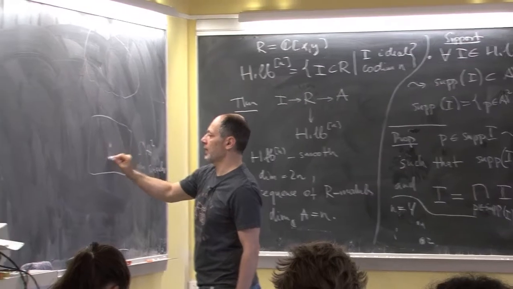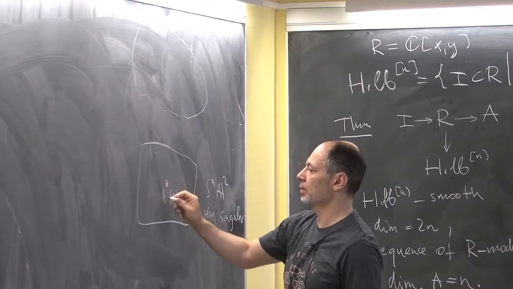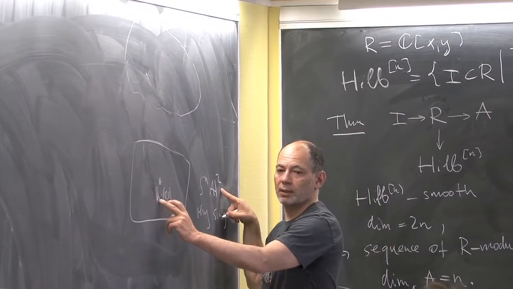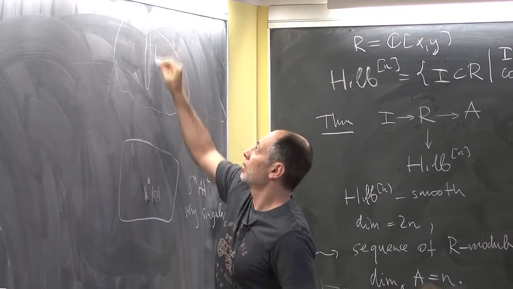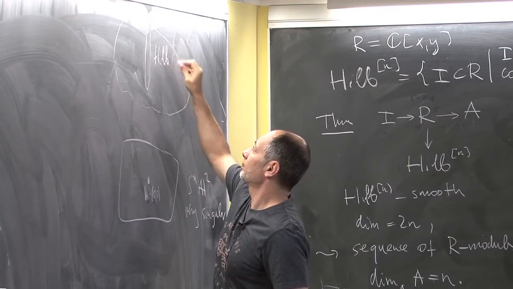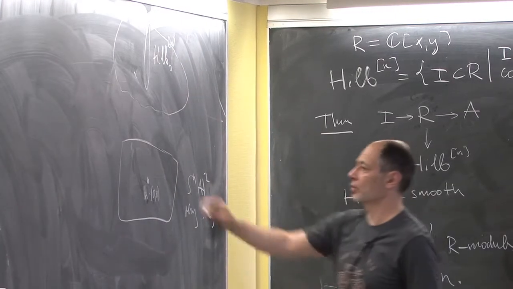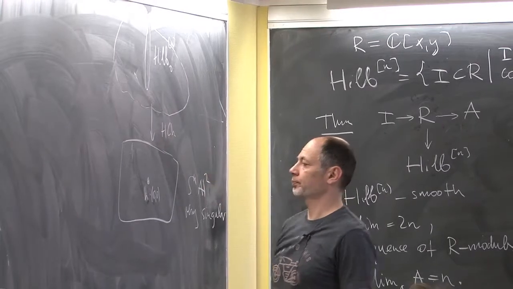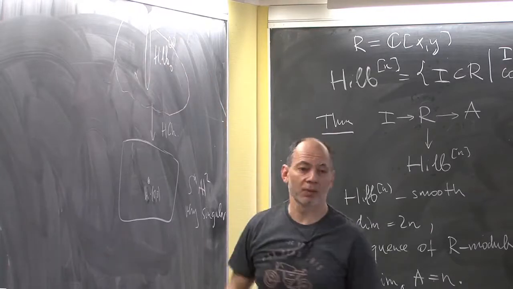If you take n times the origin here, the origin being the point (0,0), in the symmetric product you just take n-tuples of points. Then above this you have the punctual Hilbert scheme. So this is the picture, and there is this map, which is the Hilbert-Chow morphism. This thing here is n-1 dimensional.